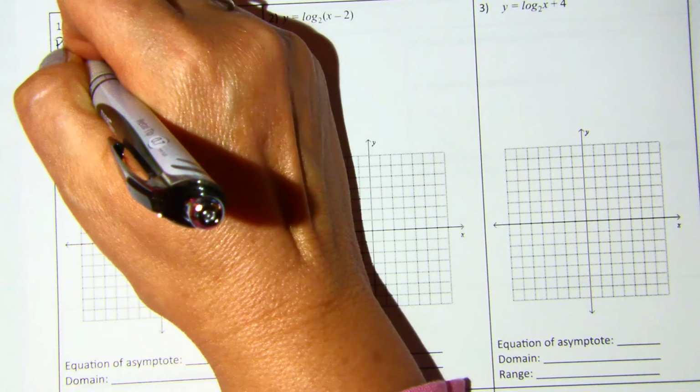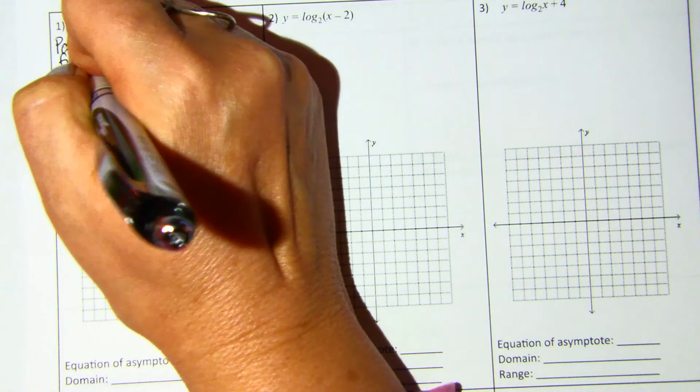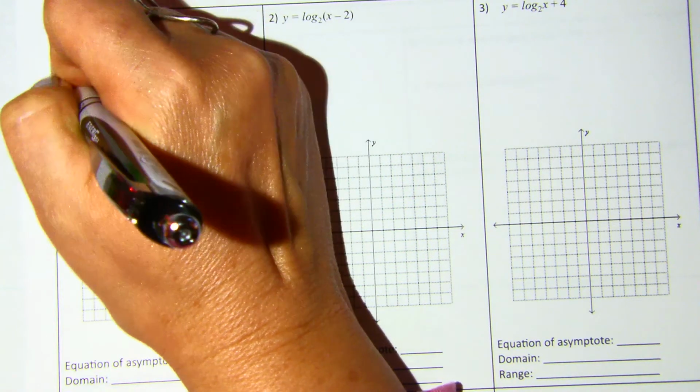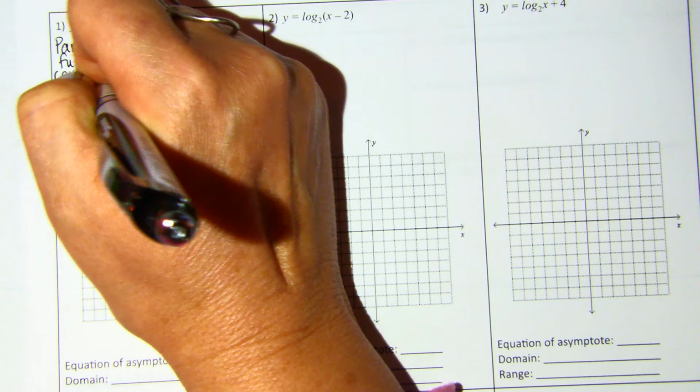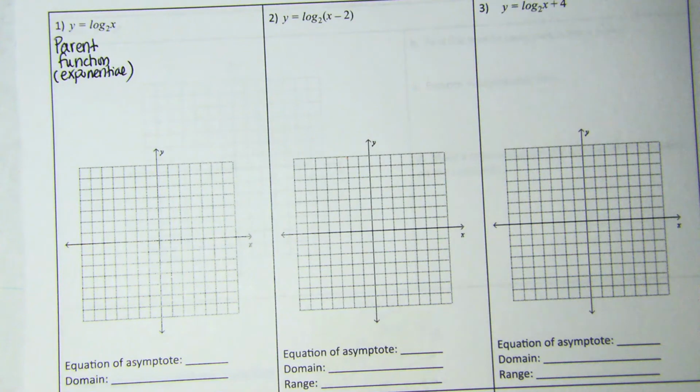So the idea here is you want to start with the parent function, but you want this to be the exponential. And then we're going to flip all the points to get the logarithmic one, and then we're going to apply the translations.